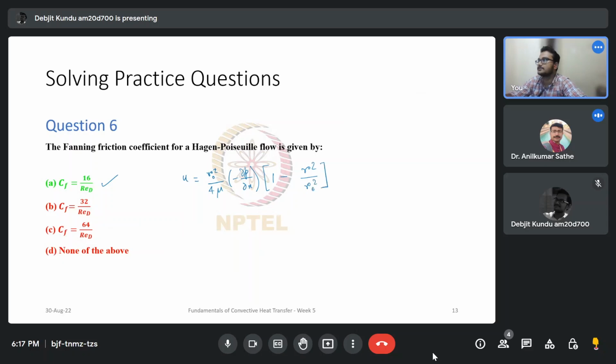Correct. Okay, we will do one further simplification. The U mean, if we calculate that, boils down to R naught squared by 8 mu into minus dp/dx. I'll quickly check if I'm doing this correctly.